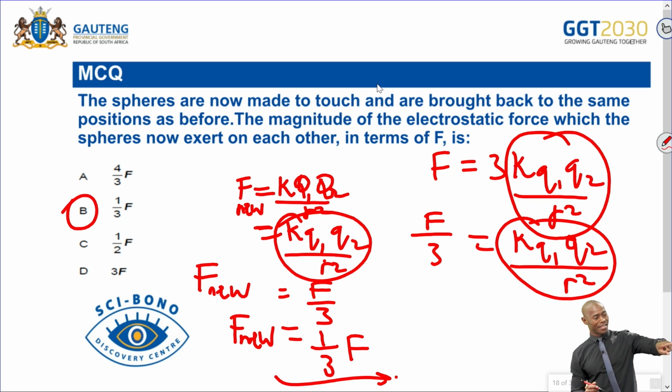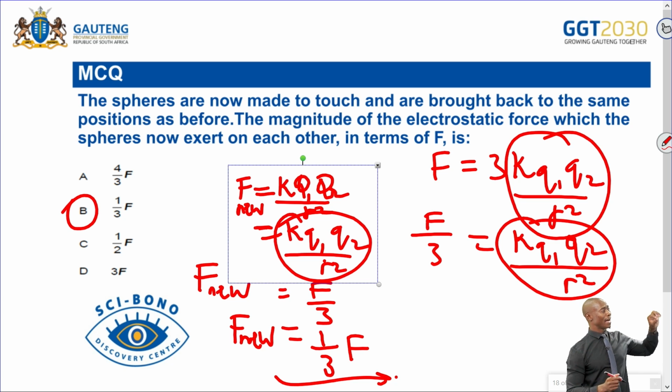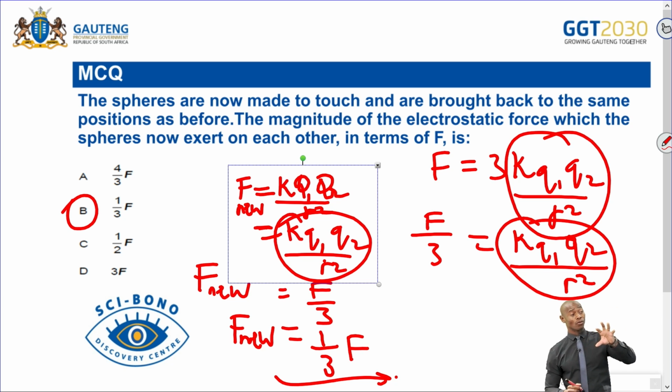Here we're not like the example that I gave you. In that example we moved from F equals KQ1 Q2 over R squared to something else, for example the distance being doubled, or one of the charges being doubled. What will be the new magnitude of F?